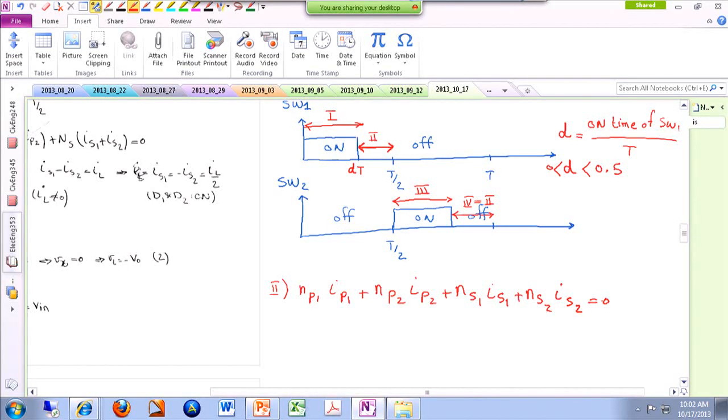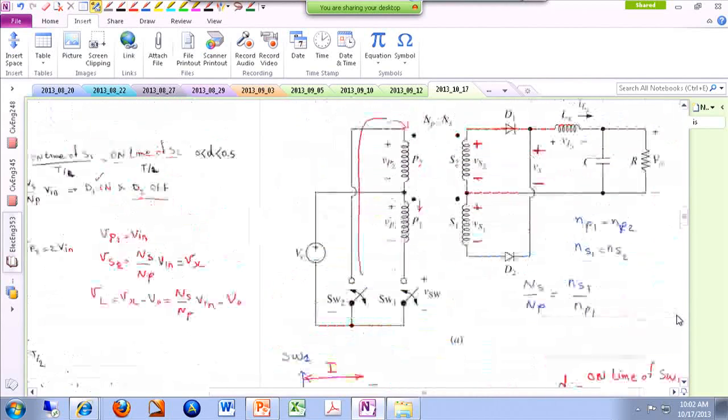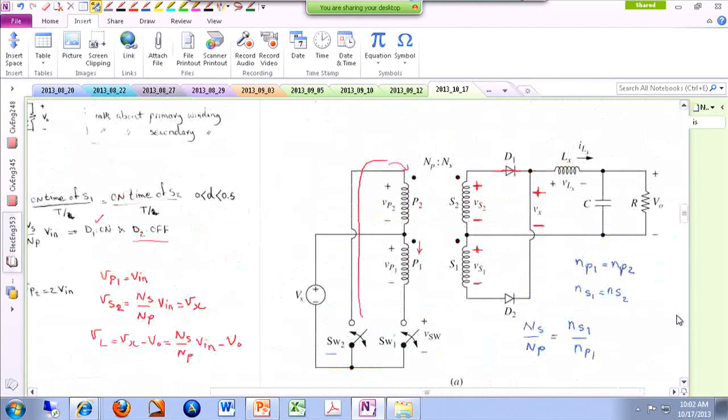So I just argue that because the first switch is off, this is 0. The second switch is off, this is 0, all right? So you can conclude IS1 and IS2 should be both 0, or they should be equal to each other with different polarities, okay? Now, if you look at the schematic, it is not possible for these currents to be both 0. Why?